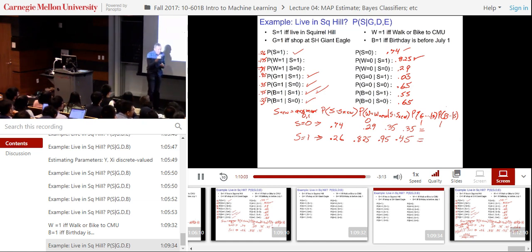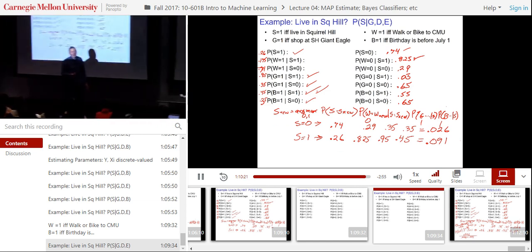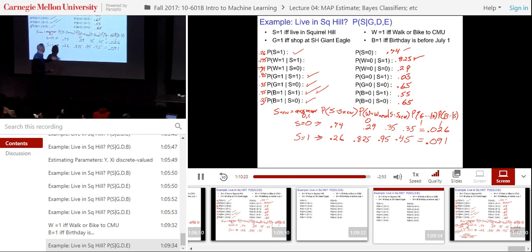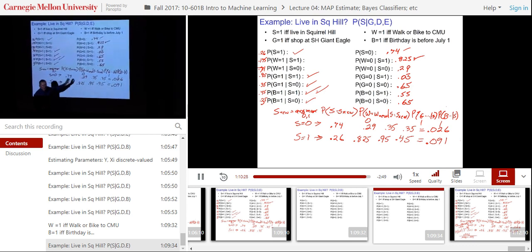Okay, so is our calculator ready? Okay, the first product is 0.026 versus 0.91. Okay, why don't those two numbers add to 1? Yeah, they're not probabilities. They're just the numerator in Bayes' rule.